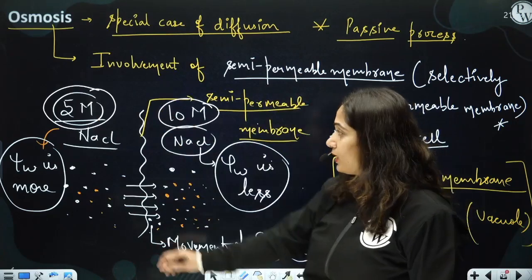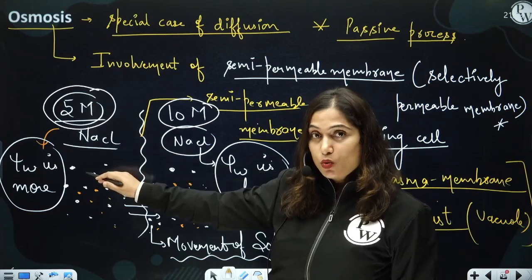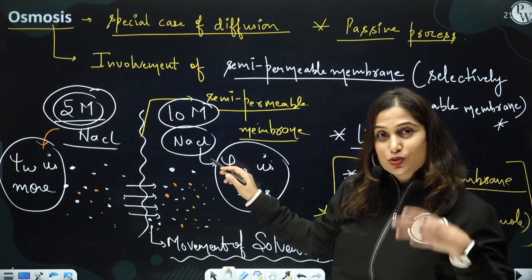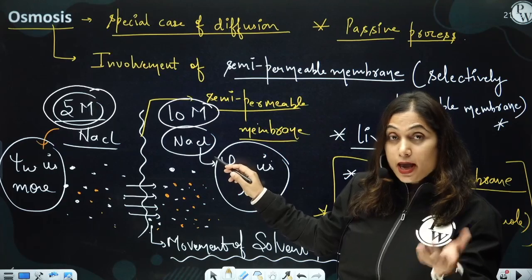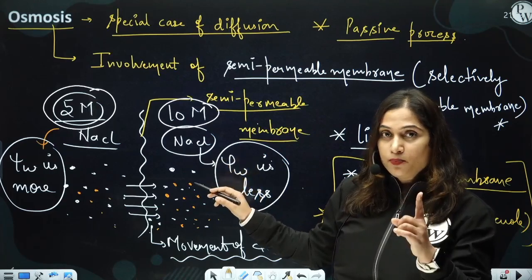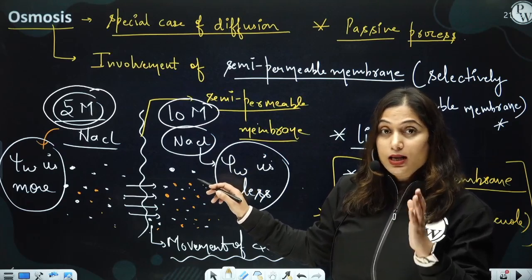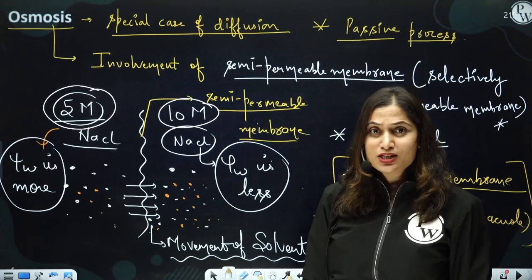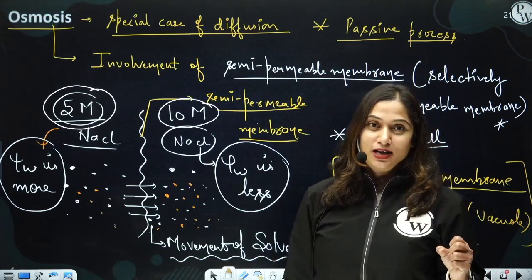Then obviously beta, this is a dilute solution, so it will have more water concentration. This is a concentrated solution, so water will be less. So what will be the direction? And yes, one more important thing, that during osmosis, there is only movement of water molecules, that is solvent. There is never the movement of solute particles.